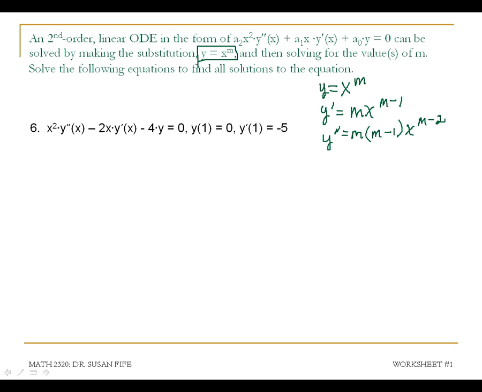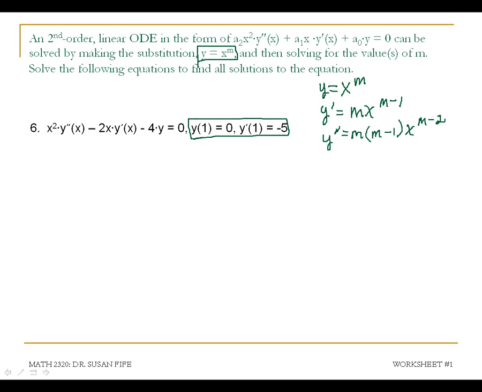And we want to substitute into this equation, and here we're given values. So we want to use those values to solve for our constants. But first we'll substitute into the equation.